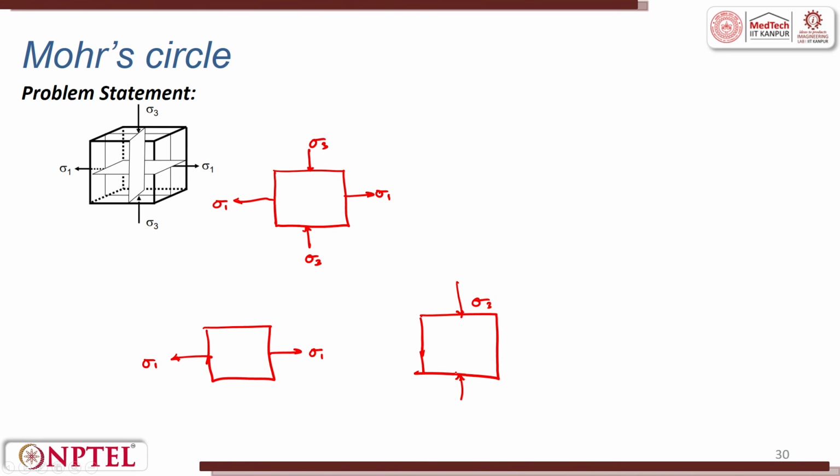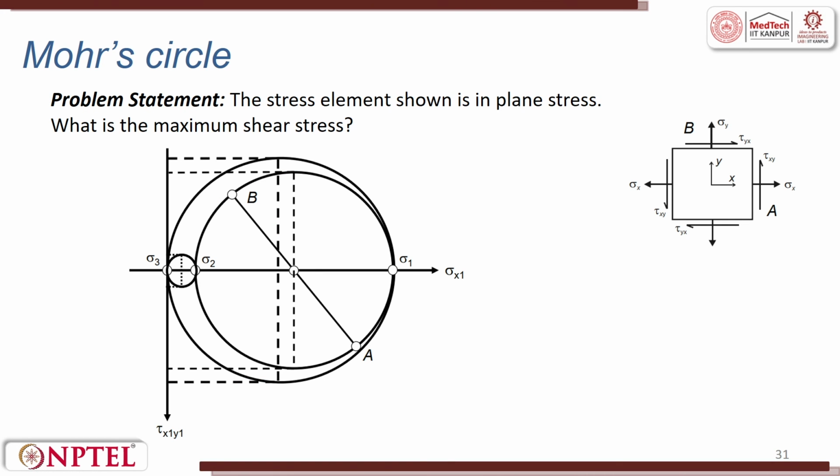Now, the last problem has a Mohr circle already given. It has the tensile stress sigma x and another tensile stress sigma y.